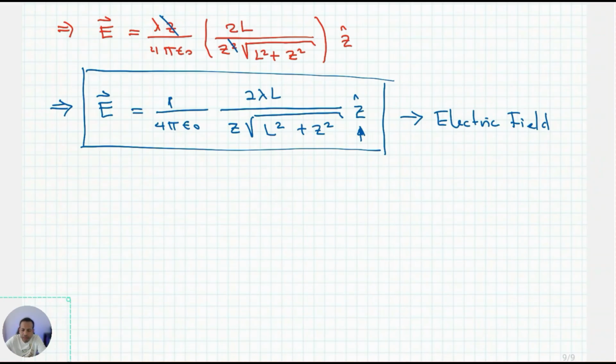So we can take into consideration some situations. Let's say that the observation point is far away from the bar, right? And that means that z is much higher than L. So P is too far away.